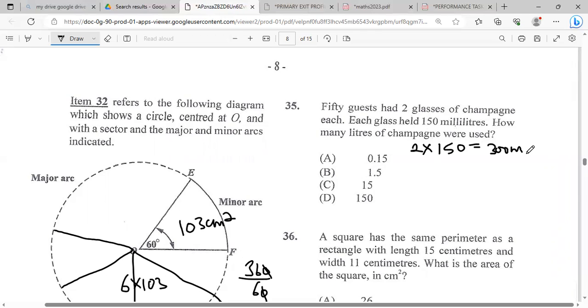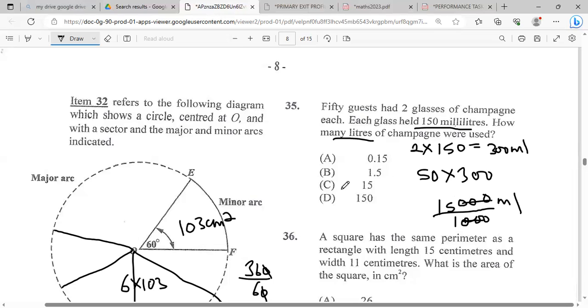Then we multiply by 50, since it's 50 guests. 3 times 5 is 15, so we get 15,000 milliliters. But we have to convert from milliliters because it asks for liters. It takes 1000 milliliters to make 1 liter. Everyone should know that. So we just divide, and that gives us 15.